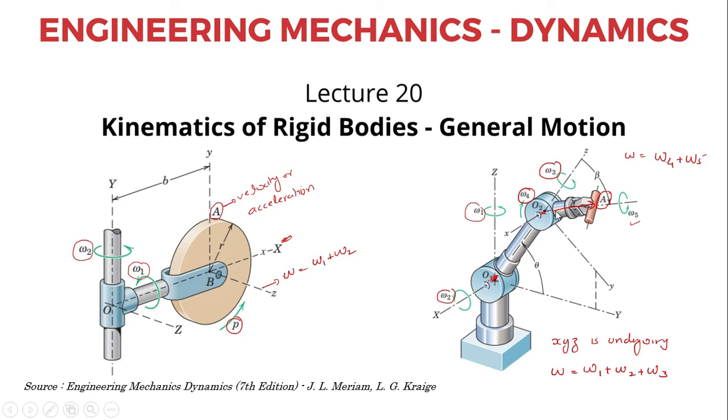And as such I can use the equation which we had derived in this lecture for determining the velocity and acceleration of point A. So as such, in simple terms, if there are two different points around which the rigid body rotates, then we will have to use the equation where omega is not equal to omega bar.